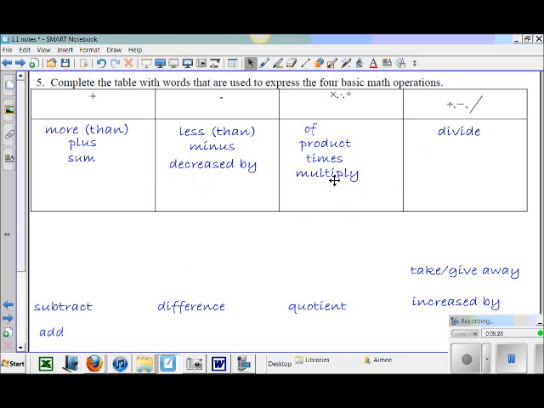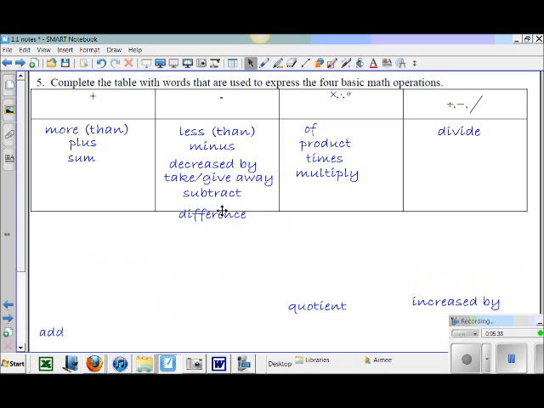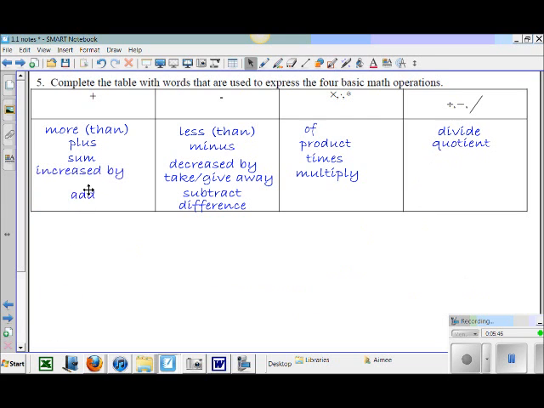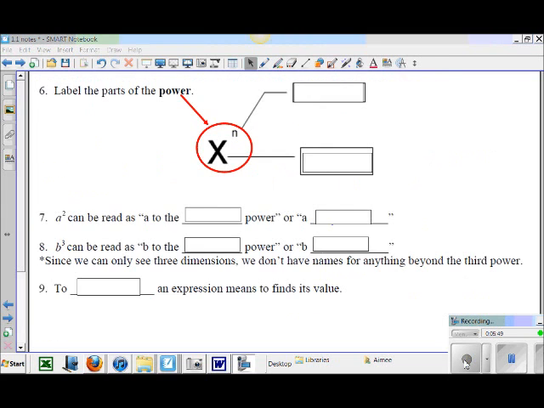Multiply means to multiply. Then we have give or take away. That would be subtract. Subtract, of course, means subtract. Then we have difference, which means to subtract. Quotient means to divide. Increase by means to add. And, of course, add means to add.